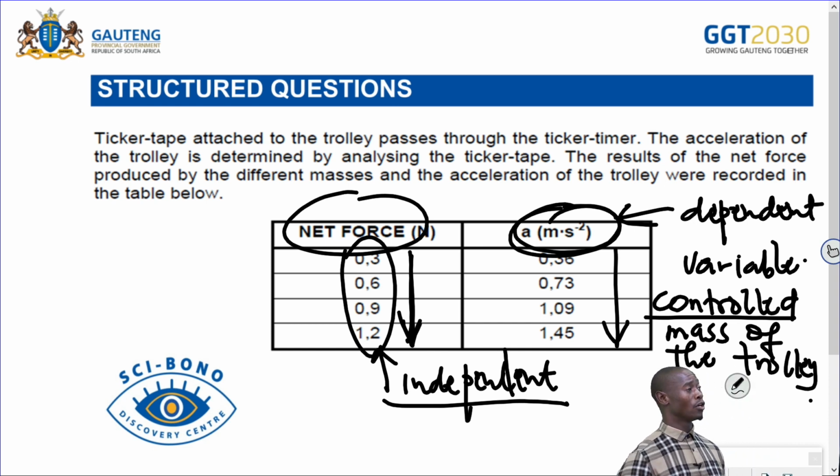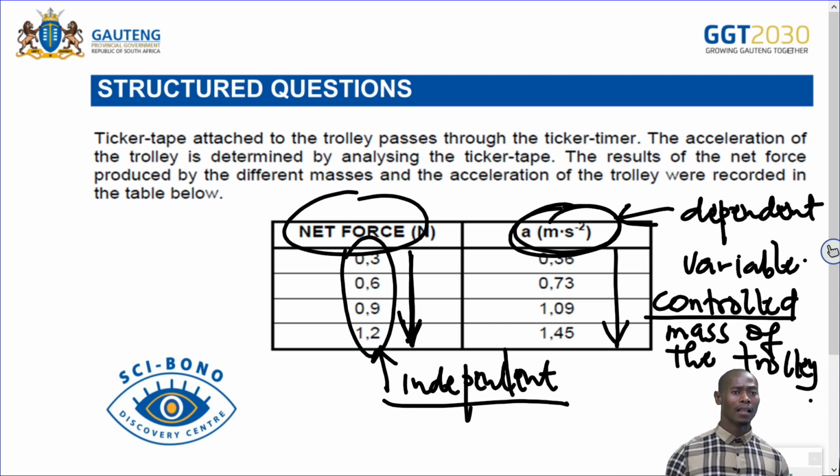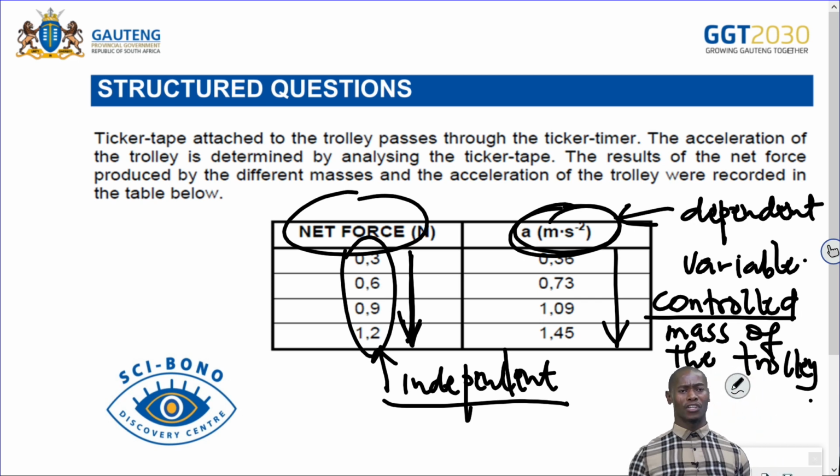And please be careful when you give the investigative question. It should be an open-ended question. Not questions like, will acceleration increase when net force increases? I can say yes or no there, right? So we don't want such questions. It should be an open-ended question.